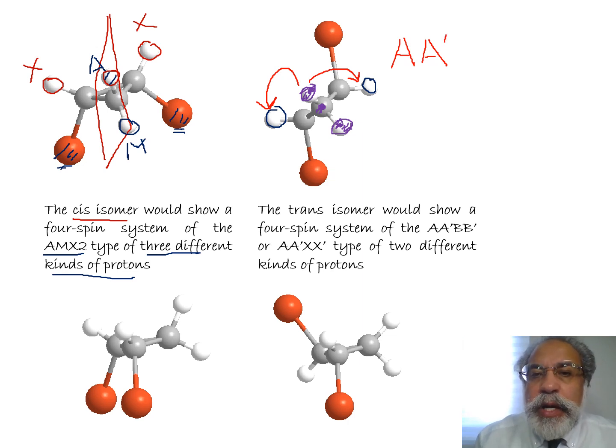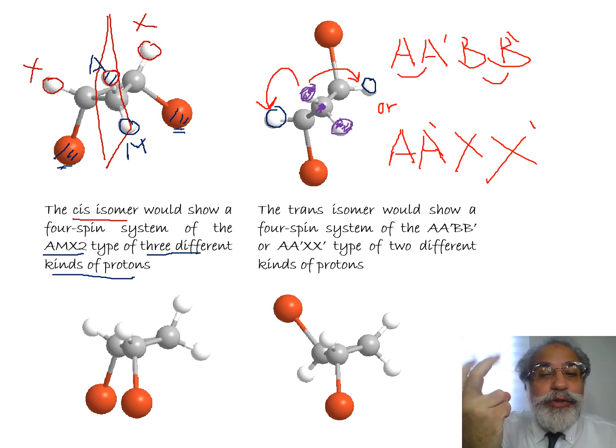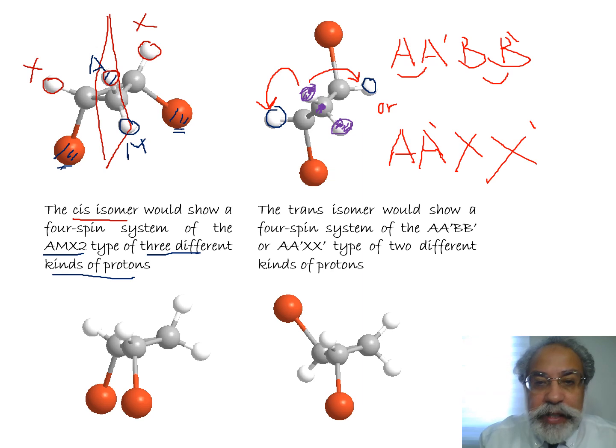So it's A prime, B prime, or if their chemical shifts are far away from each other, it's A prime, X prime. In this case, you will see a little bit complicated spectra, but two signals, each one of two hydrogens, integration of two hydrogen intensity.